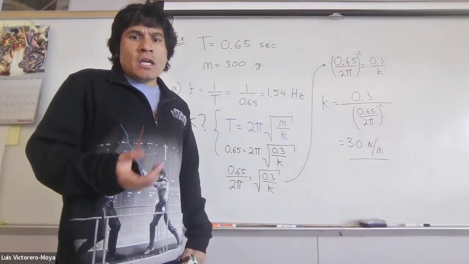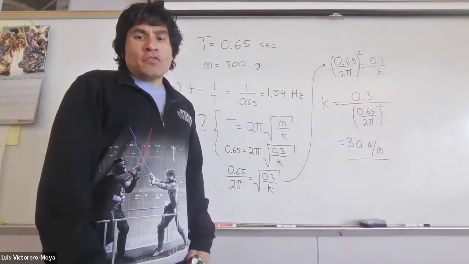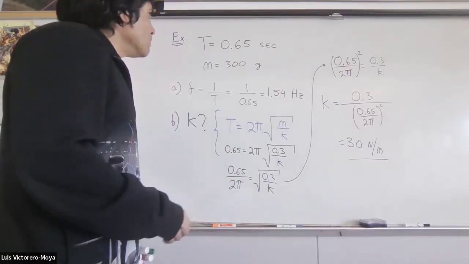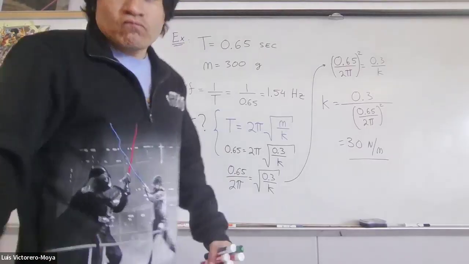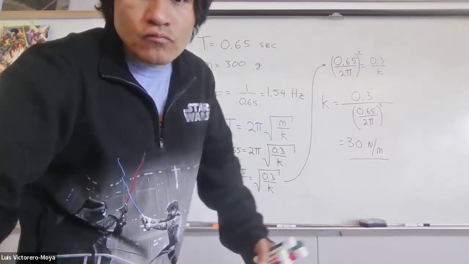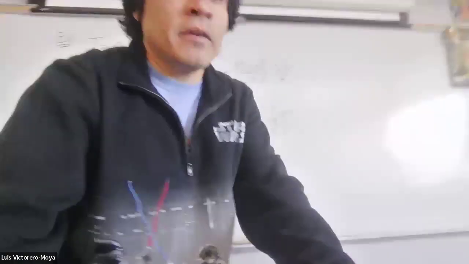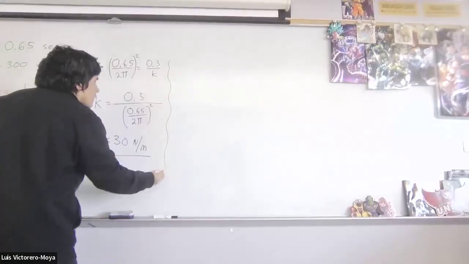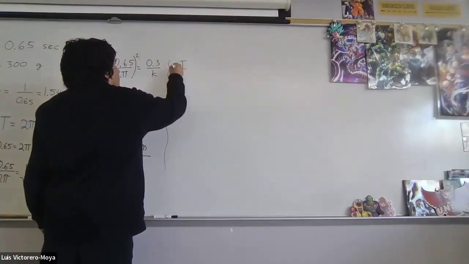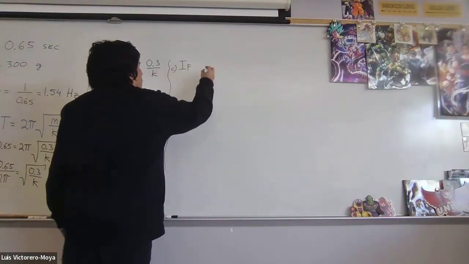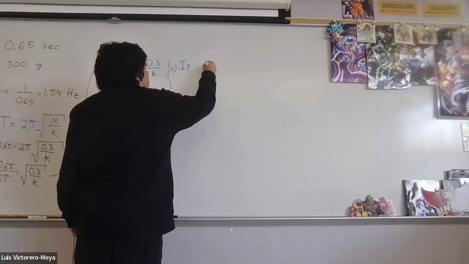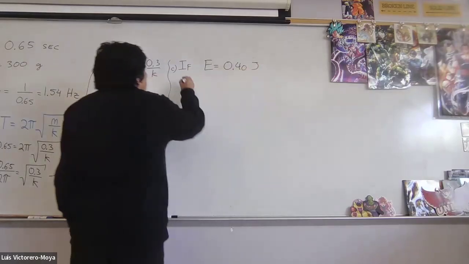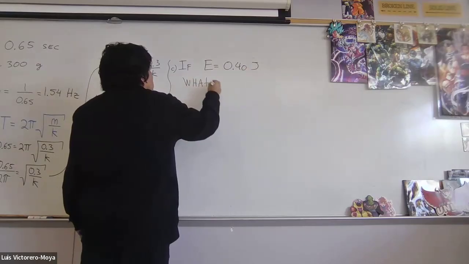And then if the total energy is 0.40 joules, find the amplitude of oscillation. So that's another easy question, right? If the mechanical energy is 0.40 joules, what is the amplitude?